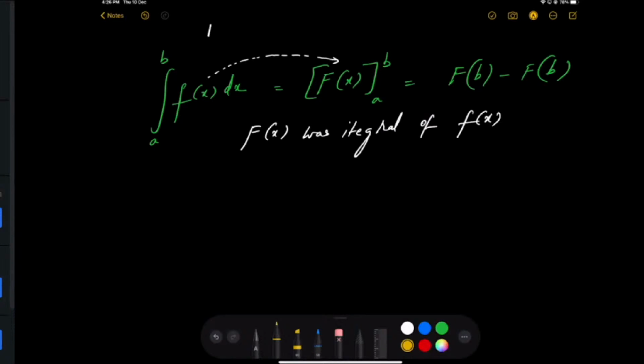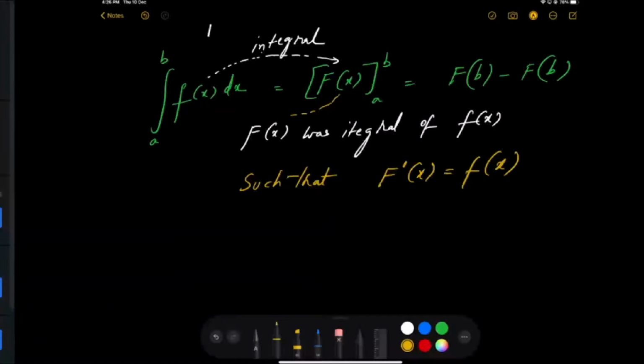Okay? Now, then he continues this. He says, such that derivative of capital F of x is small f of x. What does that mean? See, this is the integral, right? So if you take the derivative of capital F of x, you'll get this. So this is the derivative. Clear?